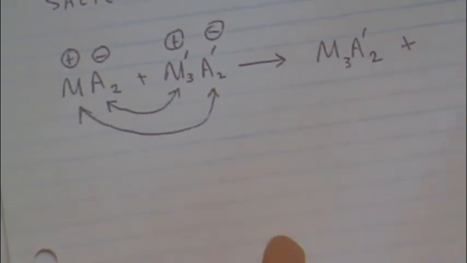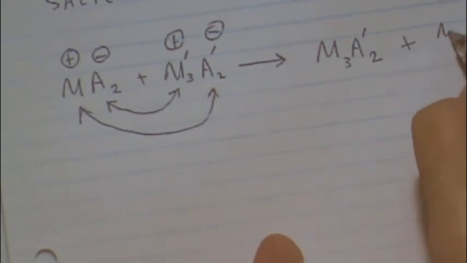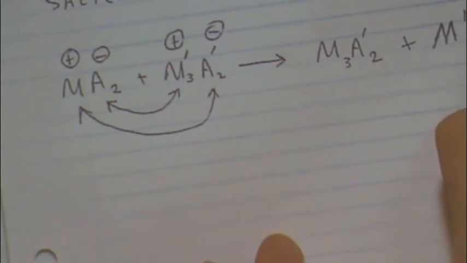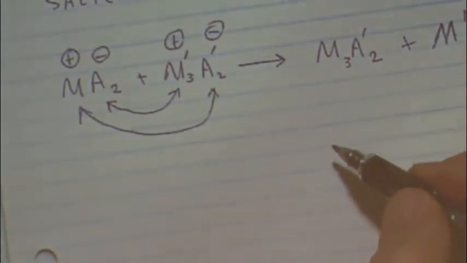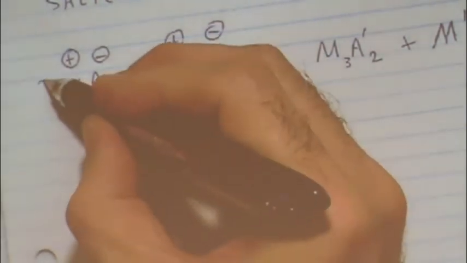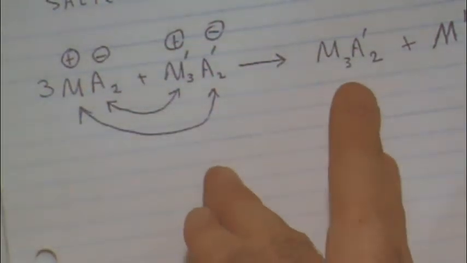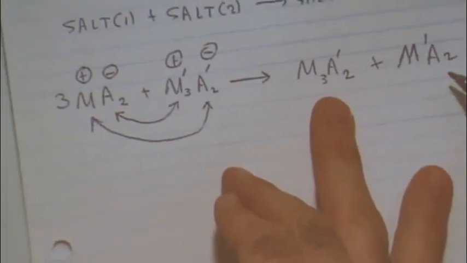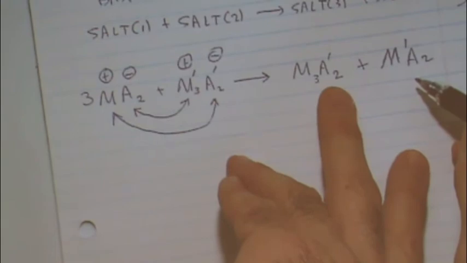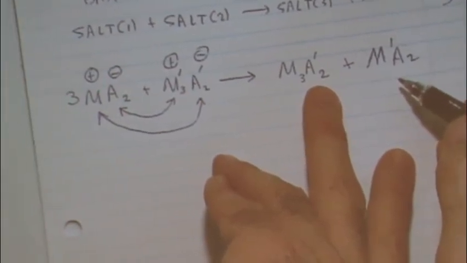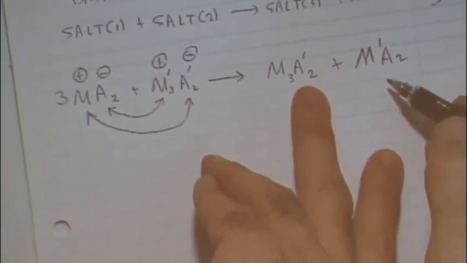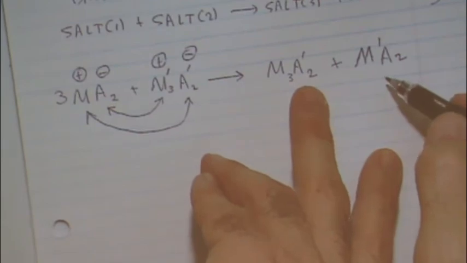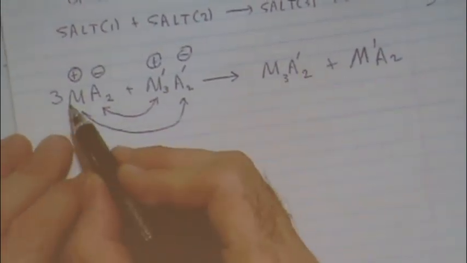I just did that. Right? And you do the same thing for the other one. It's going to be M prime. Same logic. M prime A2. So now I want to balance it. 3M, 3M, 3M. Right? And what else? Three M here, you put 3M there.